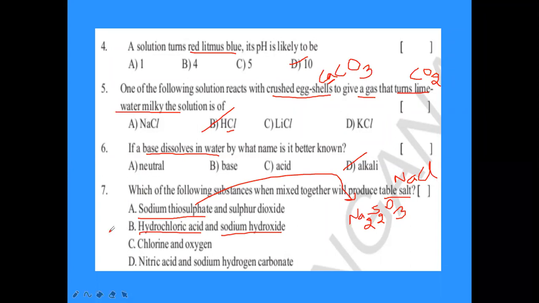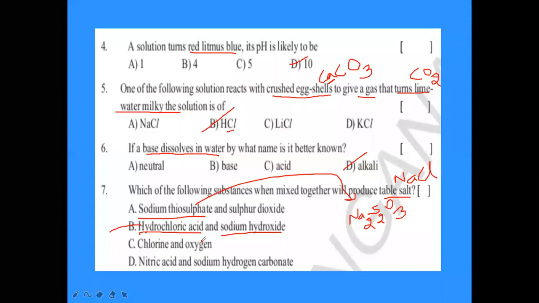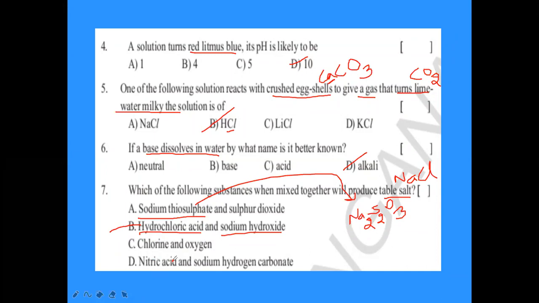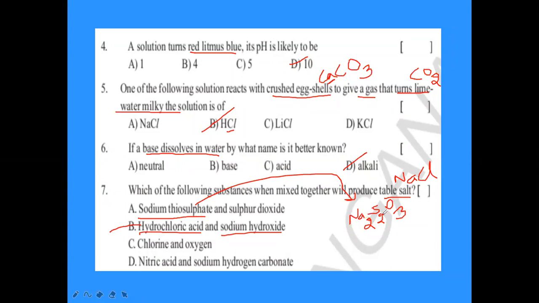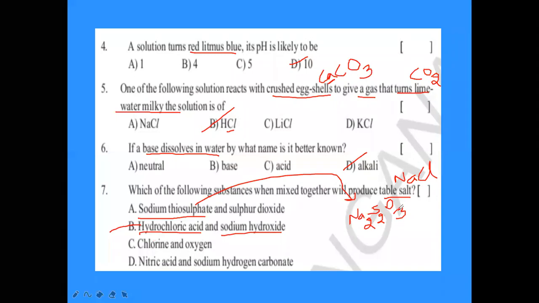So this is the answer. Next, chlorine and oxygen, Cl2 and O2, not the answer. Nitric acid, HNO3, and sodium hydrogen carbonate, NaHCO3. So only option B will produce NaCl. And remember, sodium thiosulfate is Na2S2O3, commonly called hypo solution.